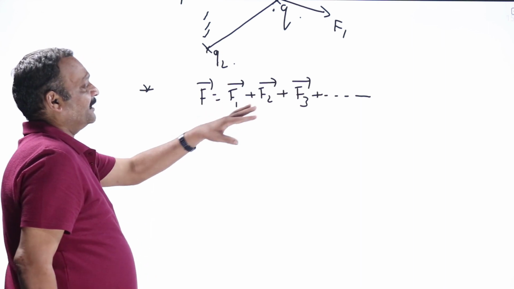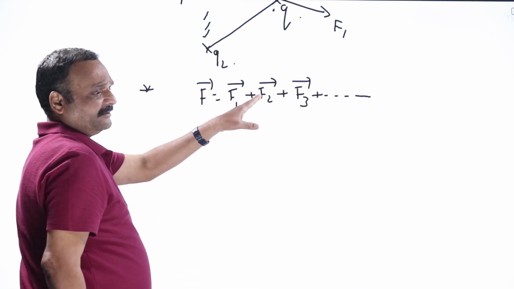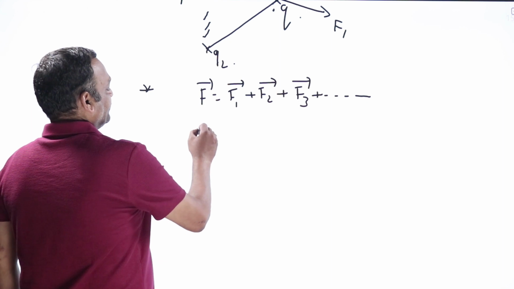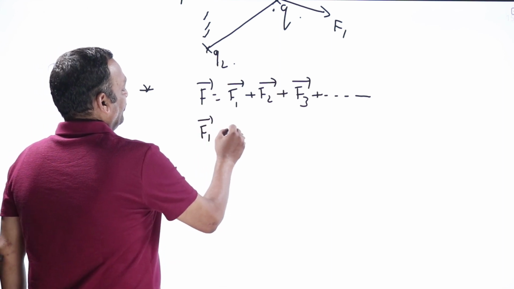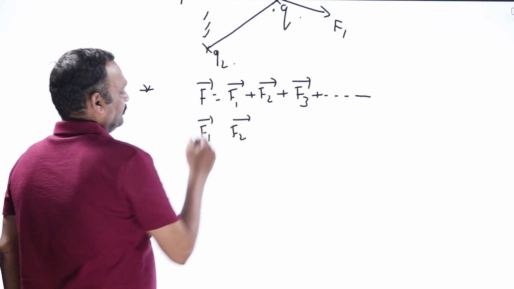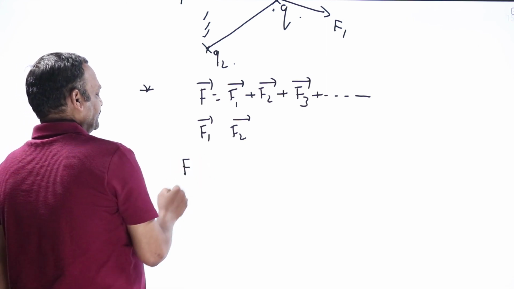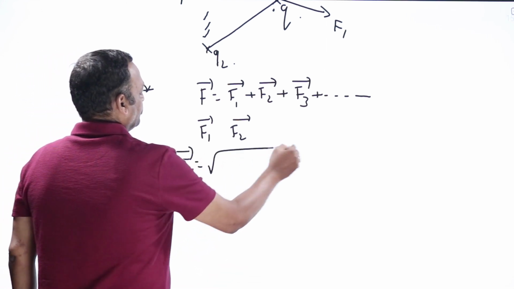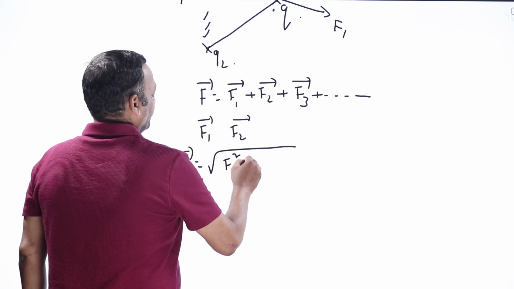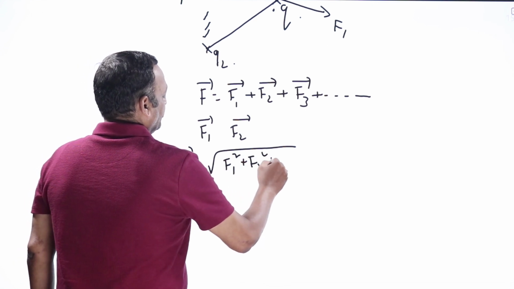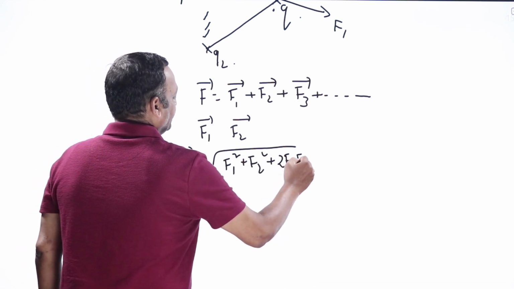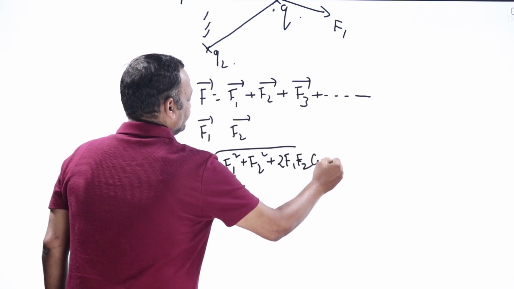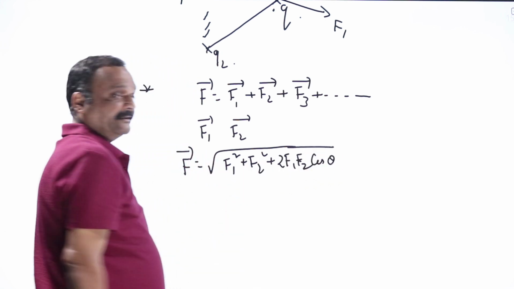If there are two forces, how do we do the vector addition? If two vectors F1 bar and F2 bar are there, the resultant is F bar equal to root of F1 square plus F2 square plus 2 F1 F2 cos theta, where theta is the angle between F1 and F2.